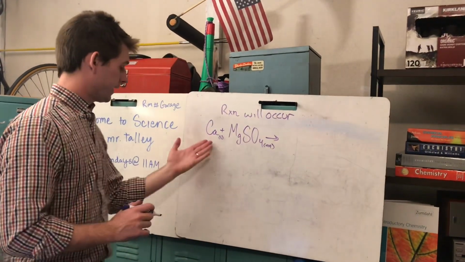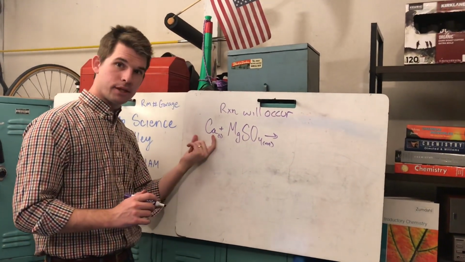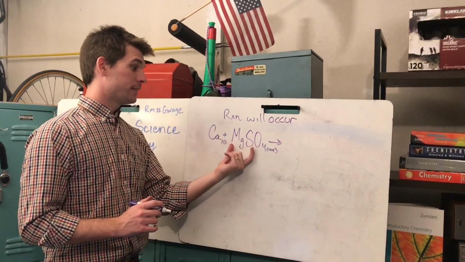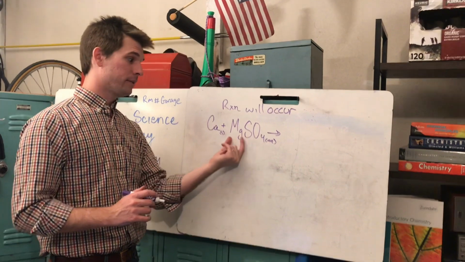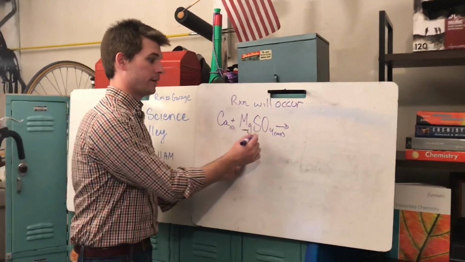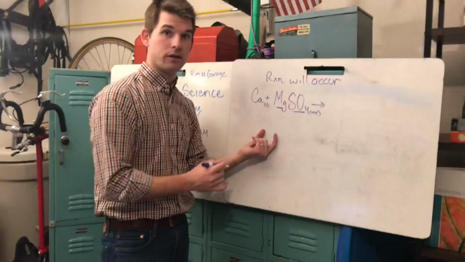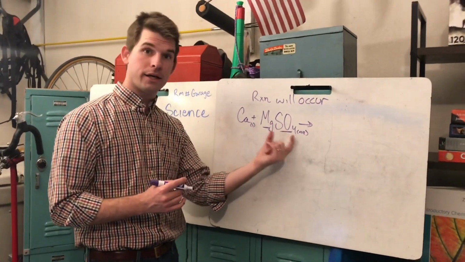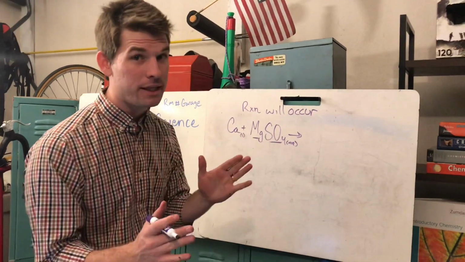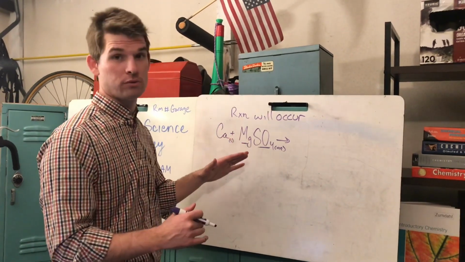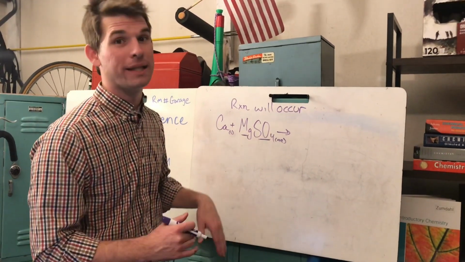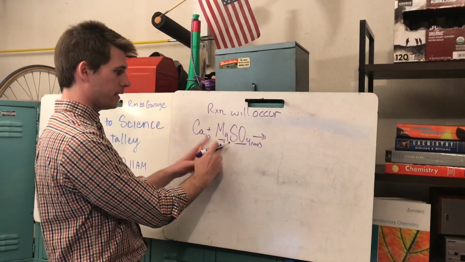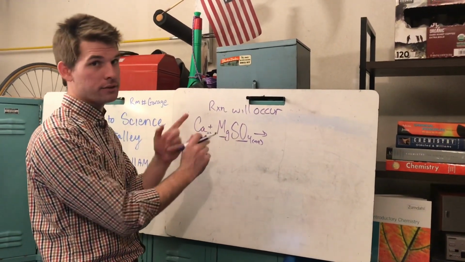Well, calcium is a single element by itself. And I know that in this compound there's a metal cation and an anion. So if there's a single element and then a metal cation and an anion combined, this has to be a single replacement reaction. So calcium is going to replace the magnesium. You're not going to combine the two metals together because they're not attracted to each other.